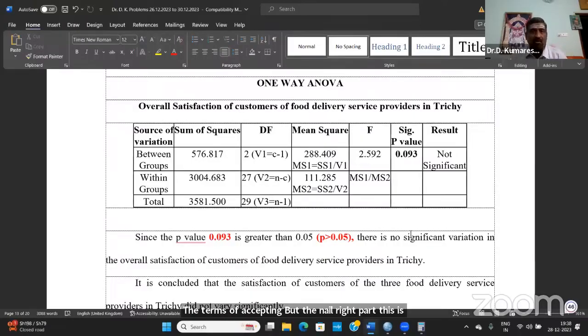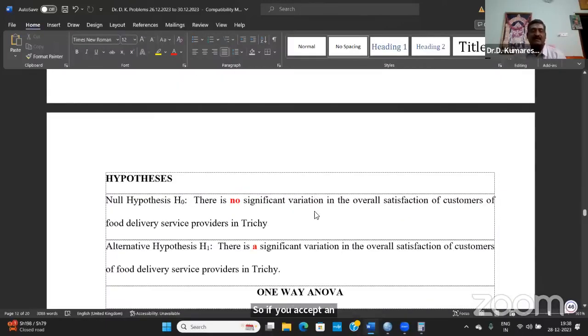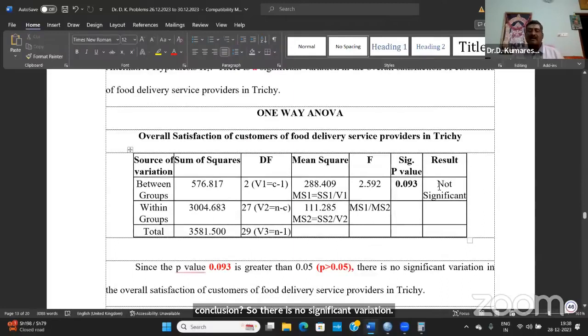If it is more, accept it. So if you accept the null hypothesis, what is the conclusion? Sir, there is no significant variation. So here the result is not significant.